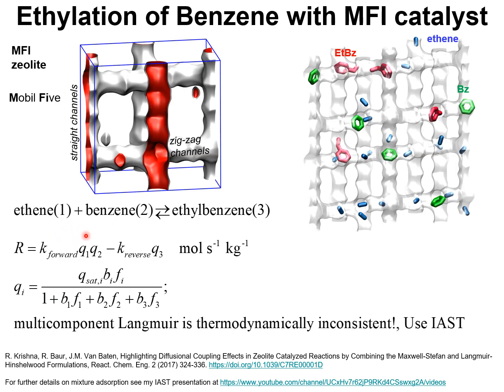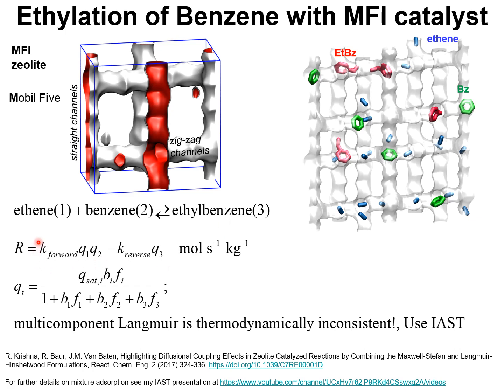The ethylation of benzene to produce ethylbenzene is an industrially important reaction that is catalyzed by MFI zeolite. The dehydrogenation of ethylbenzene results in the production of styrene that is a feedstock for producing polystyrene.